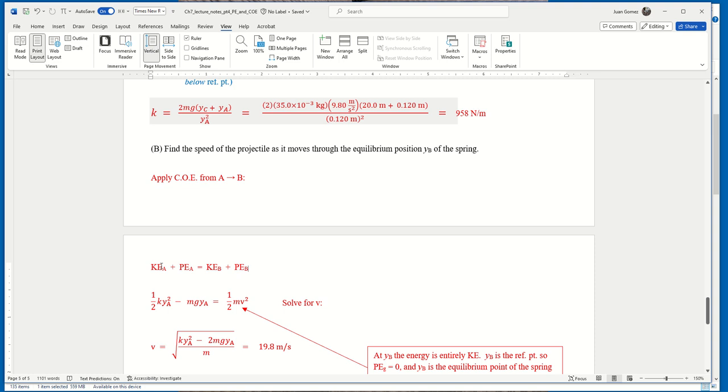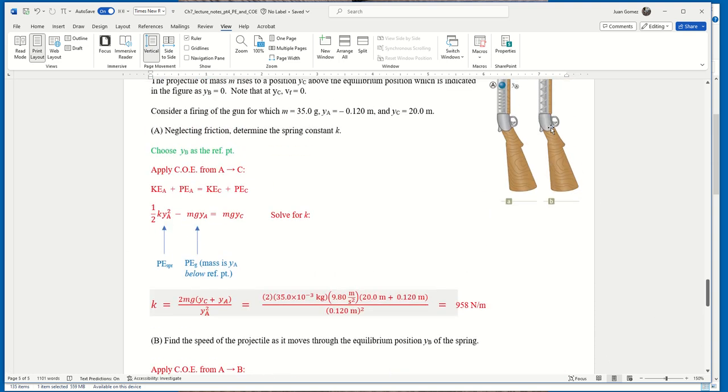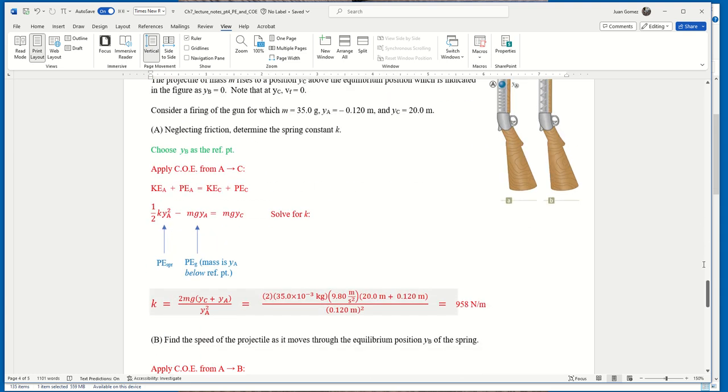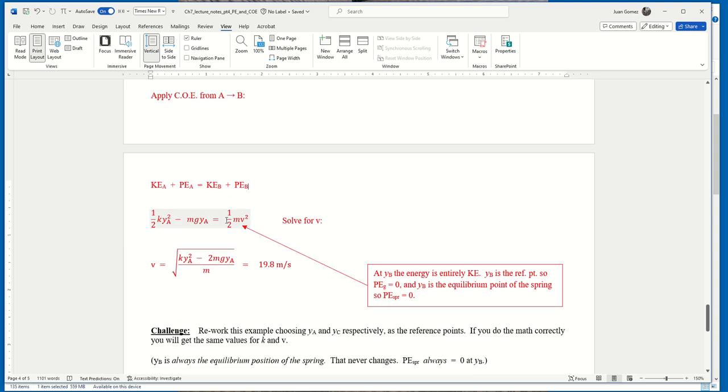Again, the KE at A is 0. The PE at A is the spring potential energy, 1/2 k YA squared, minus the gravitational potential energy, minus mgYA, equals, now remember, as it's passing through B, that's when the object is moving with its maximum speed v. Its kinetic energy is 1/2 mv squared. Now the potential energy at B is 0.